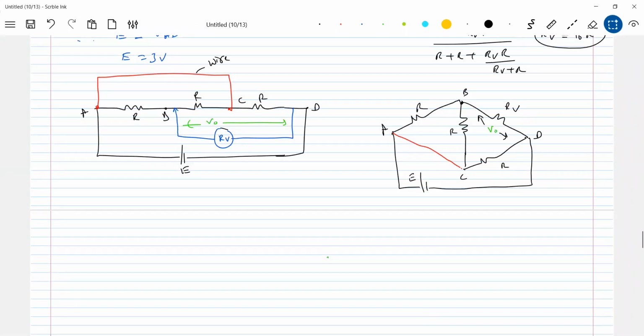so again, I'll redraw the circuit. So these two are parallel, no? These two R's will be parallel because A and C I make common.